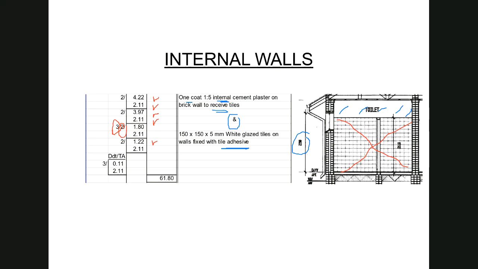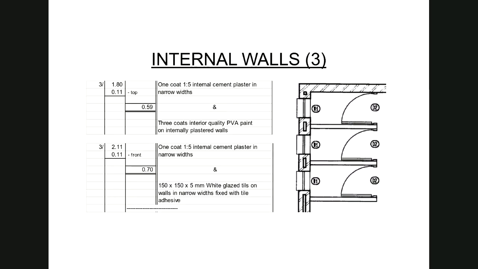And then I have a deduction over here. So what is happening, and I just want to skip across to the plan for a moment. What is happening with this wall is we have measured over this wall internally over here. So that implies that although I've measured over in this direction, I want to measure a narrow width on the end of that wall, and the end of that wall, and the end of that wall, because they are 110 millimeter walls.